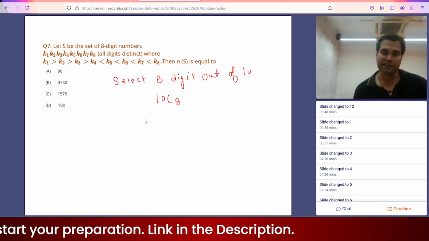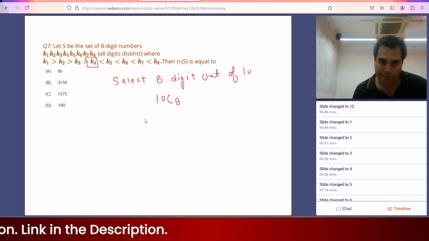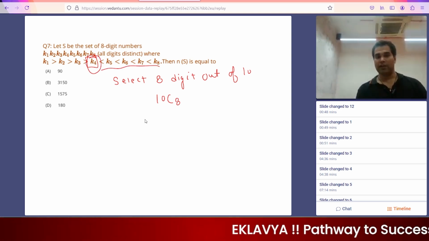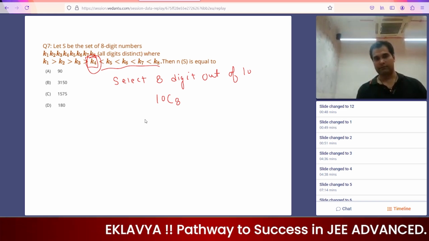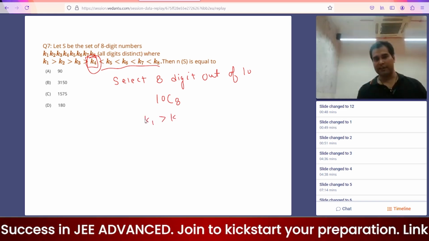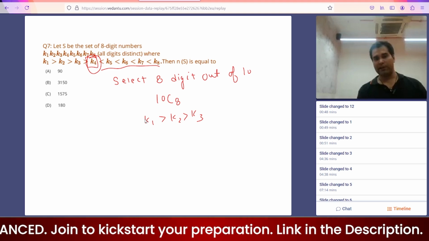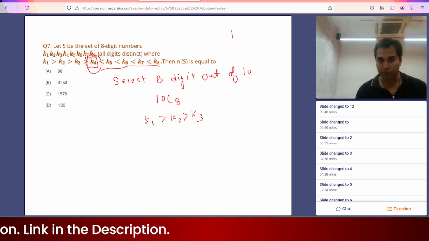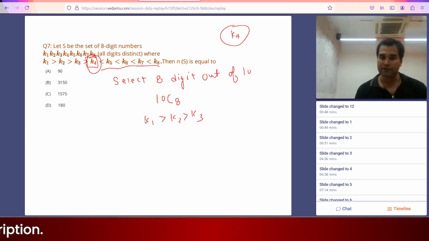Now here we see the condition K4 is the least value because K1 greater than K2 greater than K3, and K4 is fixed.